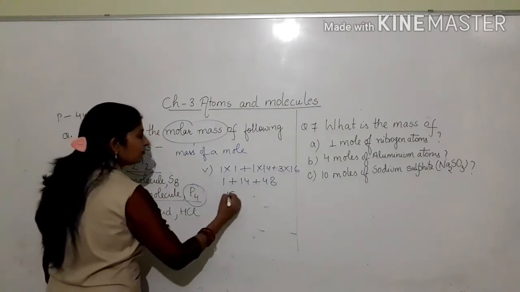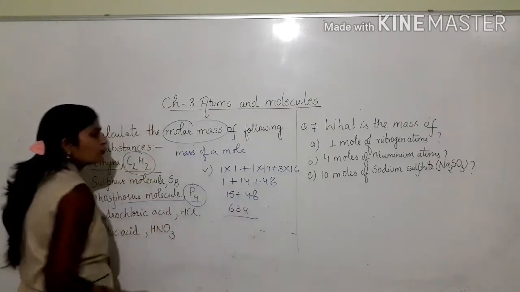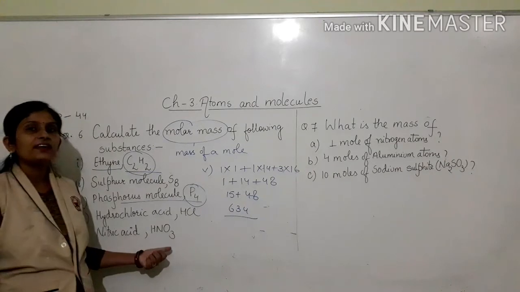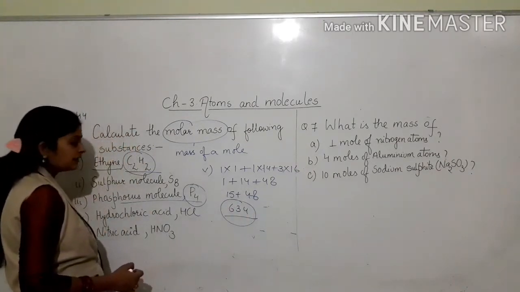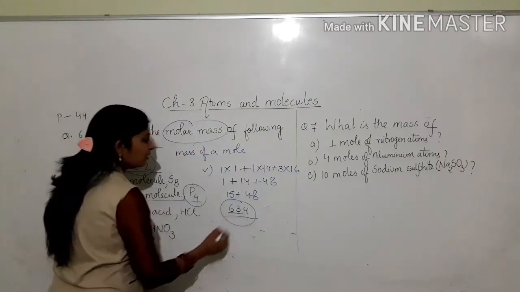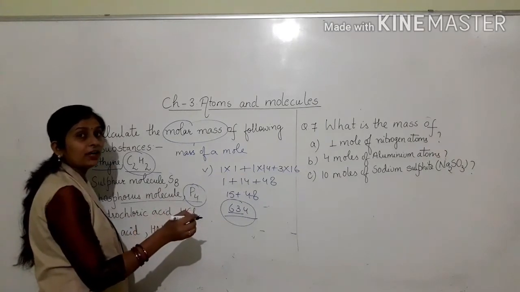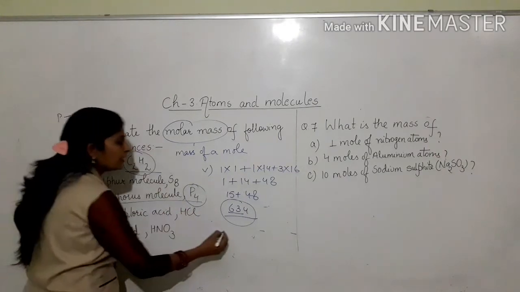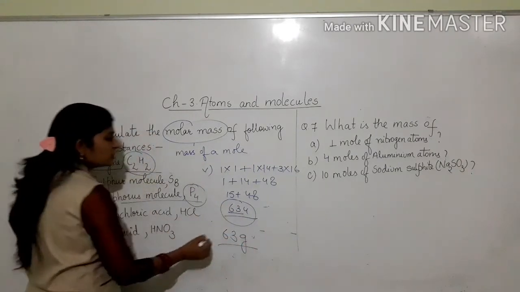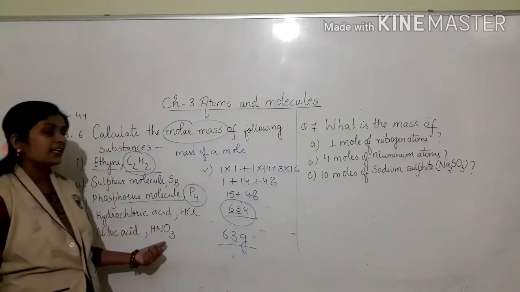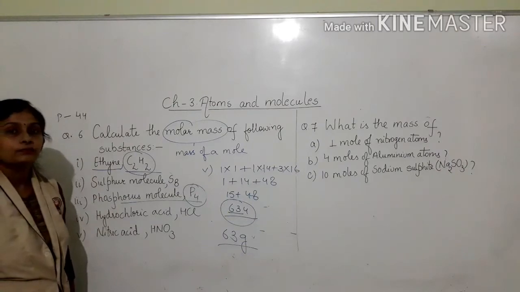Now 1 plus 14 is 15, plus 48, it is 63 U. So what is the molecular mass of nitric acid HNO3? It is 63 U. It means its molecular mass has numerical value 63. Same numerical value will be of its molar mass, that is 63. In place of unit U, we will write unit G. So nitric acid HNO3 has molar mass 63 gram.